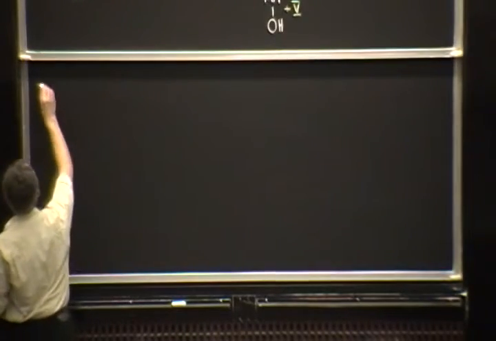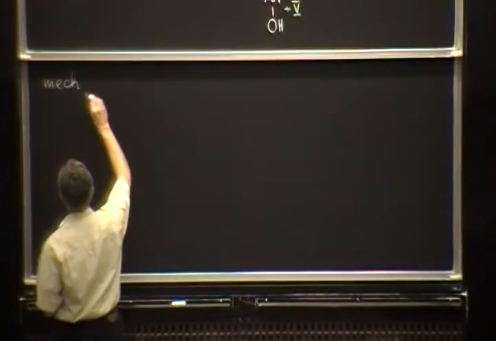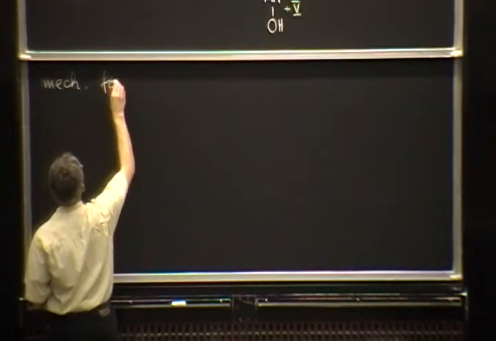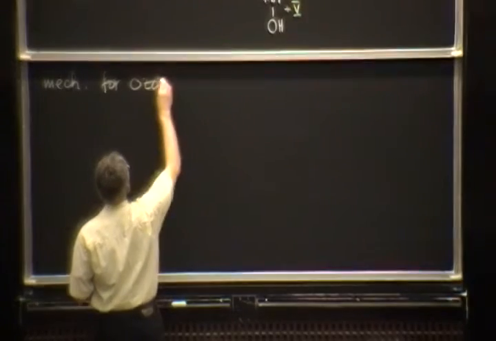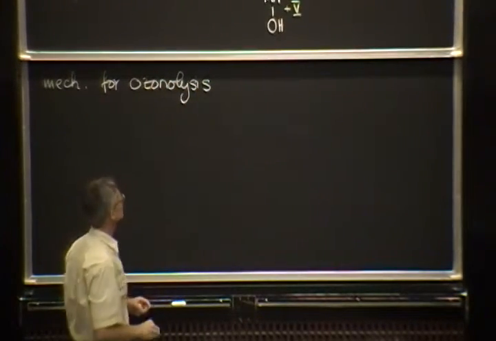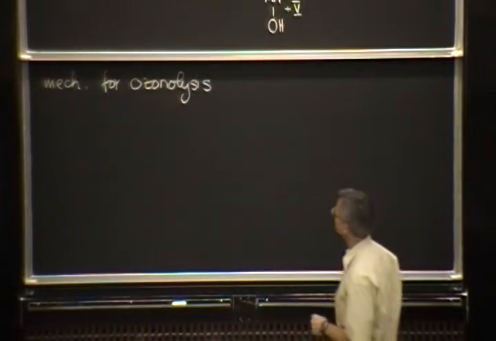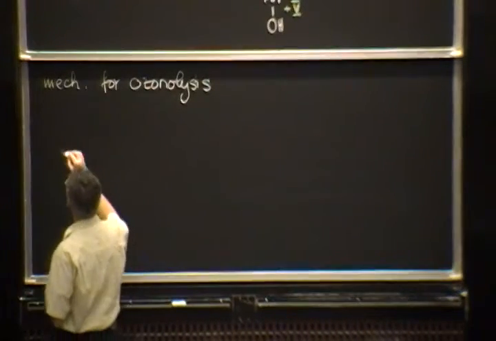So with ozone, we get a slightly different distribution. It's a milder oxidation. So we can look at this and maybe notice where the differences are that explain the intermediate isolation of the aldehyde. So let's look at the mechanism for ozonolysis.